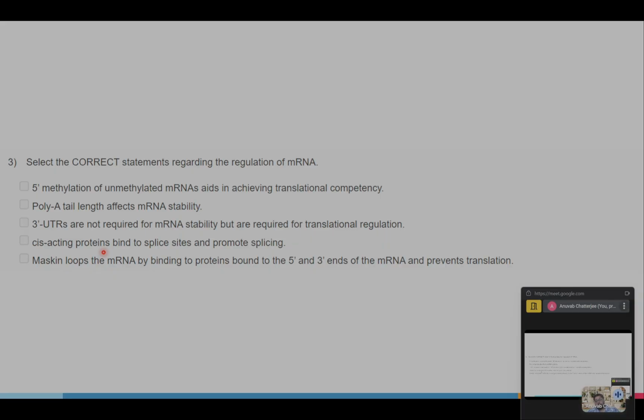Cis-acting proteins bind to splice sites and promote splicing. And maskin loops the mRNA by binding to proteins bound to 5' and 3' ends of the mRNA and prevents translation. So which of the following do you think is the correct option regarding regulation of mRNA?